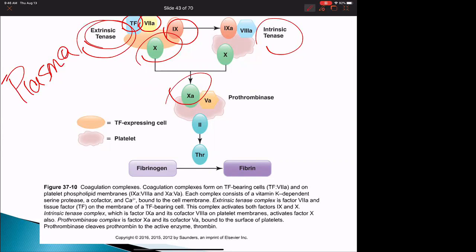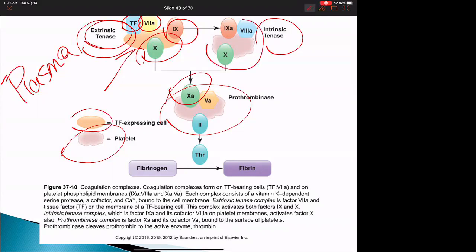Okay, so on the surface of a platelet phospholipid membrane, remember, this is a tissue factor bearing cell right over here, and this is an activated platelet right over here. On the surface of a platelet phospholipid membrane, activated factor 9 and activated factor 8 come together, and they also form a complex.